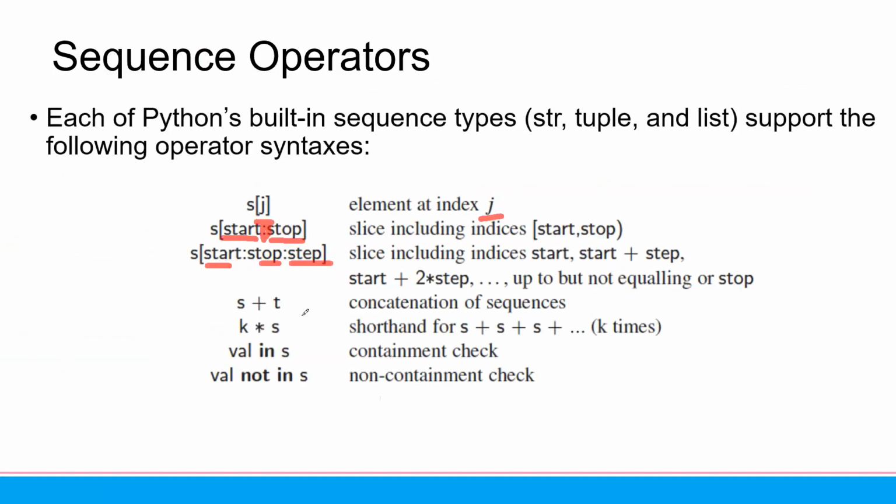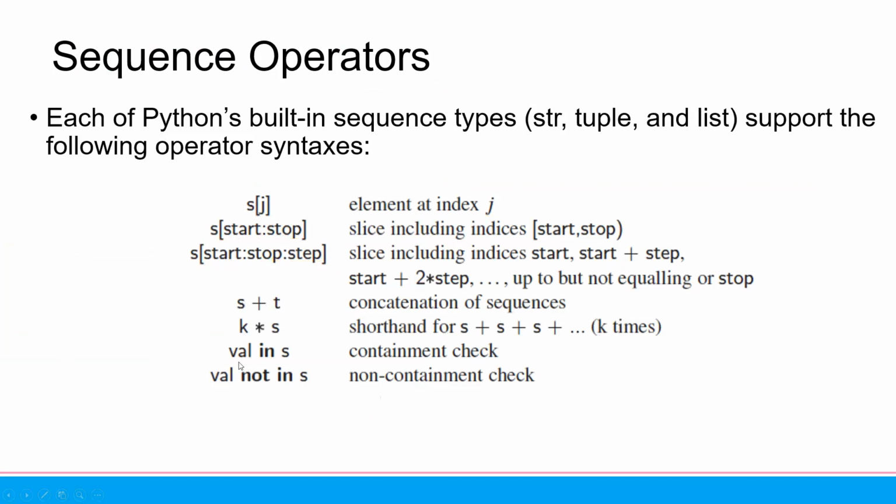If you set the step equals to 1, then it will be every 1 element. If you put step equals to 2, then it will be every 2 elements. So you can concatenate the sequences, S plus T. Or you can have K multiplied by S. It means you want to make it K times.